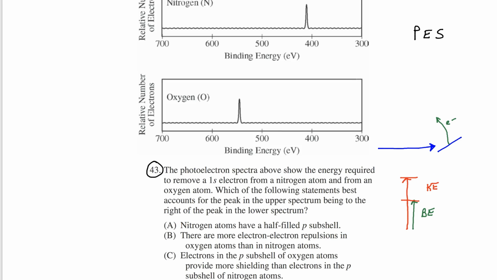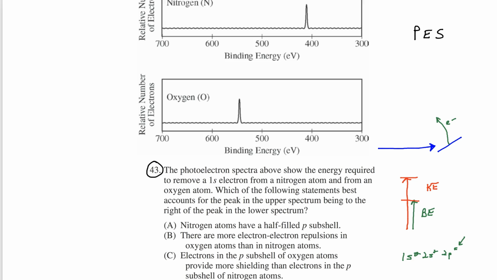So we know that electrons are held by different amounts of energy. Electrons that are held closer to the nucleus, like the 1s electrons, have the highest binding energy. Electrons that are held farther away, like 1s2, 2s2, 2p5, are going to have less binding energy.